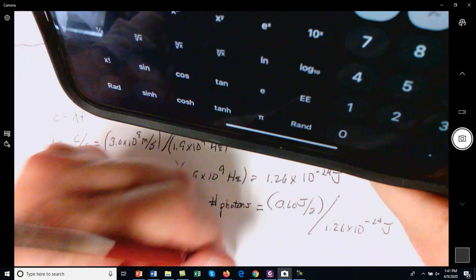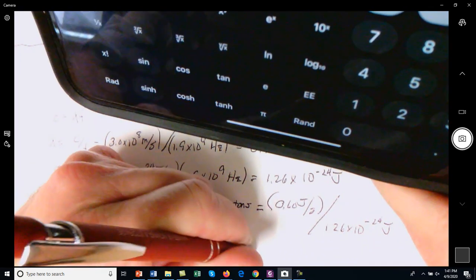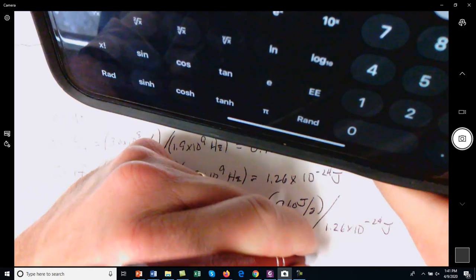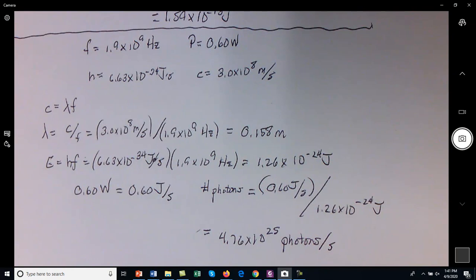So that gives me 4.76 times 10 to the 25th photons per second. Okay, so that's how many photons would have to be generated in order to provide that type of energy. So that's how many photons are being emitted in energy terms out of your cell phone.